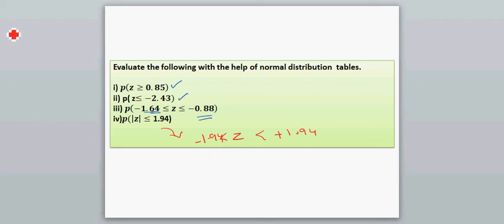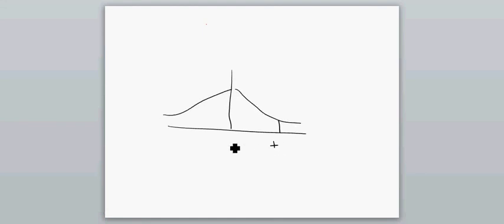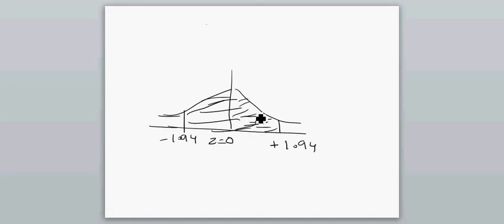So if you look at the normal distribution curve for this problem, it comes like this: z equals to 0, plus 1.94, and minus 1.94 left to z equals to 0. We are expecting the area between minus 1.94 to plus 1.94. This complete area we are expecting.